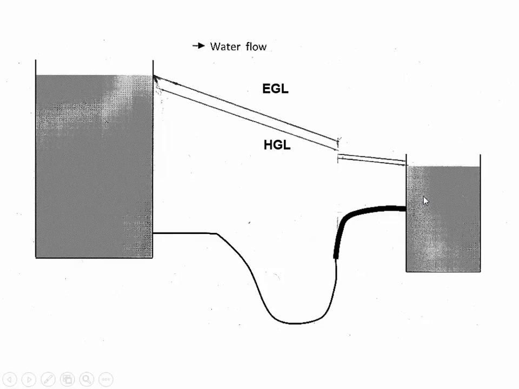All right, and then the one last characteristic that's required is that the EGL immediately drops at the discharge into the tank. And that's where all of the remaining energy is lost as the water flowing through the conduit discharges into the tank.